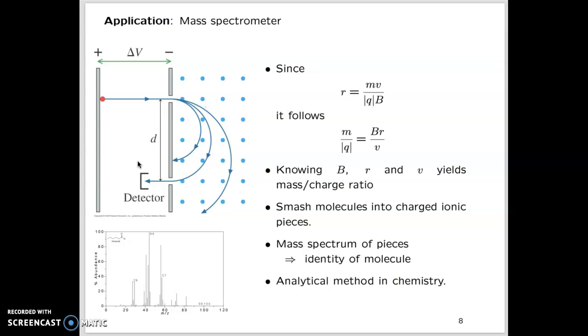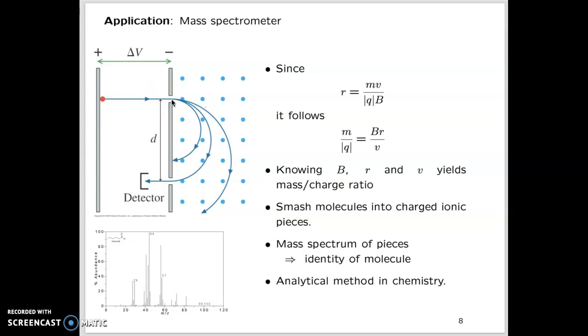form when these molecules are smashed up, they're typically charged, so they're ionic, they're ions, they have a charge, and that means they can be accelerated through a potential difference. So imagine that you accelerate these charged pieces of a smashed up molecule through this potential difference, okay?